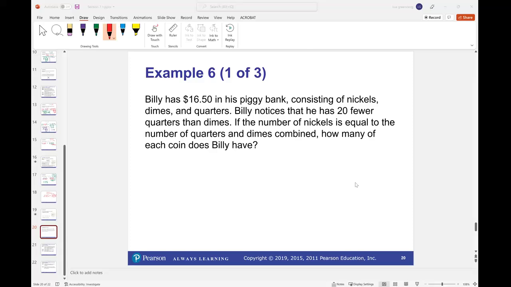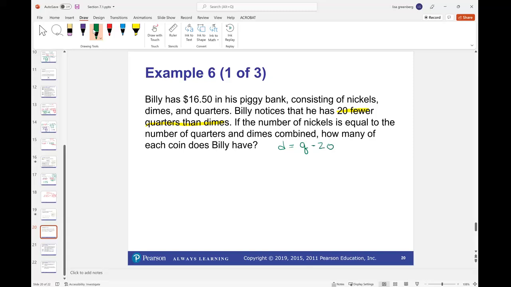So let's use this sentence, 20 fewer quarters than dimes, to say that dimes is equal to, so I have 20 fewer quarters than dimes, so I have more dimes, right? So I can say Q, quarters, minus 20.